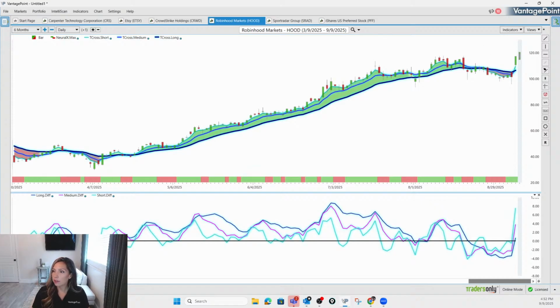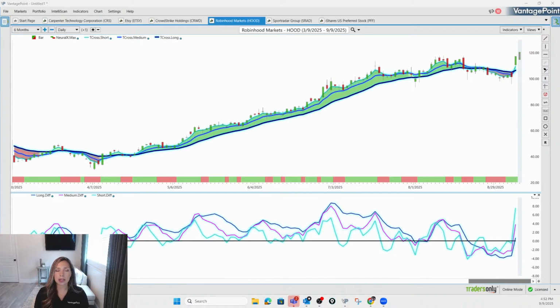Now, each of these moving averages has its own calculation and incorporates a different capacity of predictive data within the moving averages. So your short term is going to be a 3-day predictive exponential moving average. Your medium term is an 8-day, and then our T cross long is going to be an 18-day.